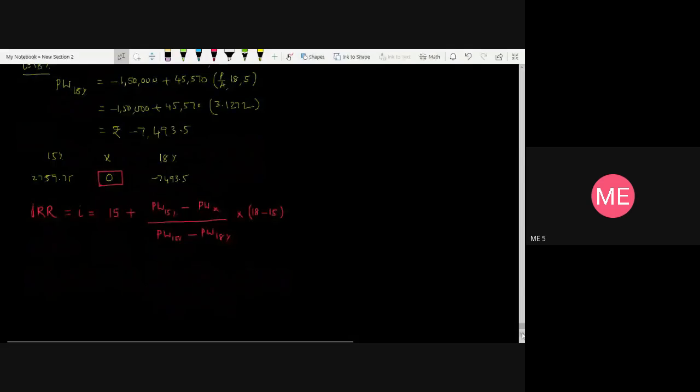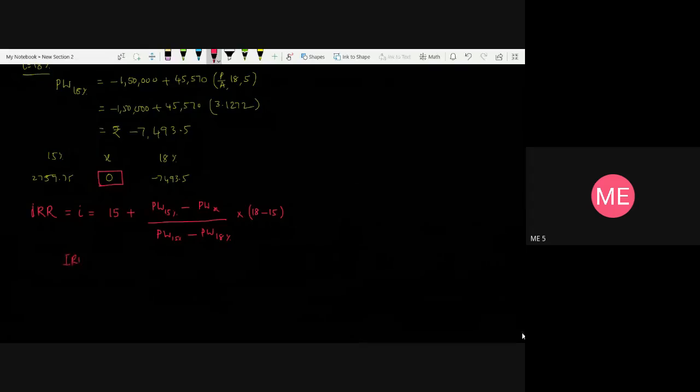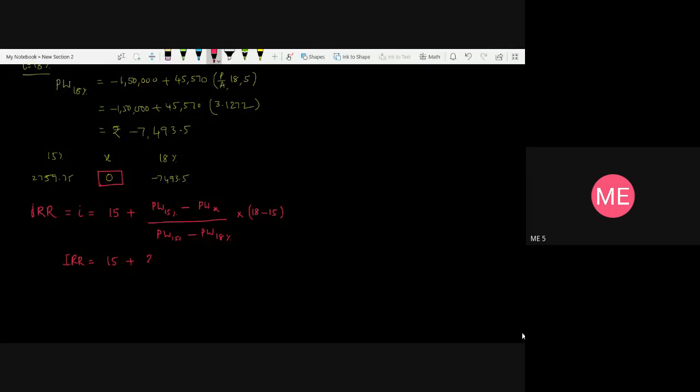So IRR is equal to 15 plus, substituting the values, 2,759.75 minus, at X we are taking as 0, divided by 2,759.75 minus, at 18% we have, minus 7,493.5, into the difference, which is 3.